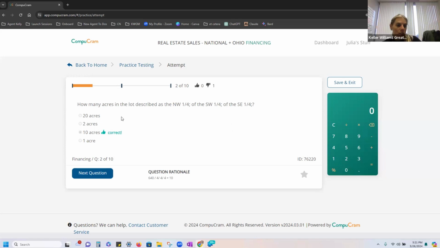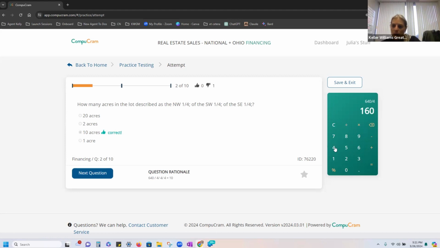What we want to do is there's 640 acres in a section. So you do 640, and then you want to divide by 4 three times. 640 divided by 4 equals 160.